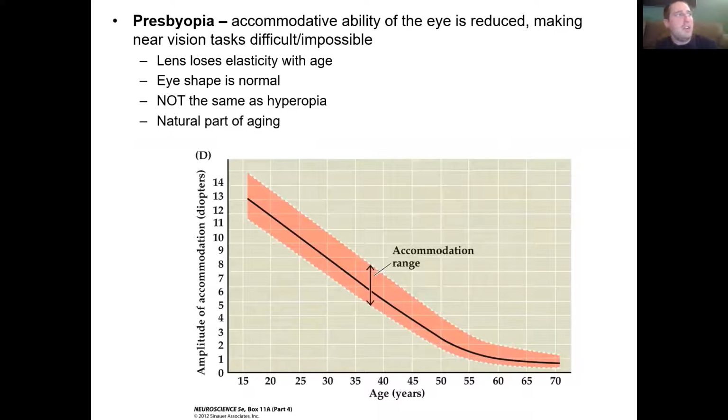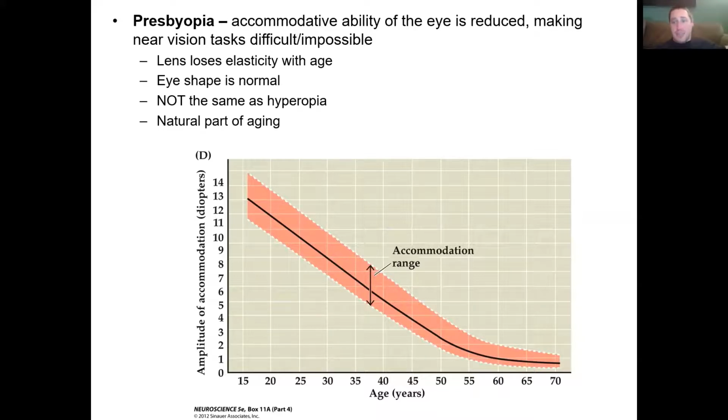And then a third, or a fourth, I don't know, another problem that we have with image planes is presbyopia. And this is when the eye's ability to accommodate is reduced, and it makes near vision tasks difficult or impossible.